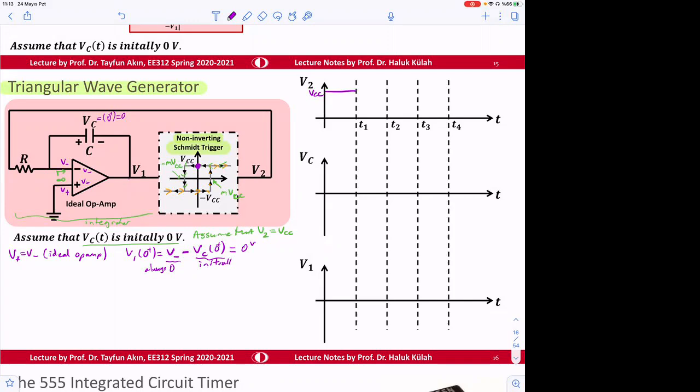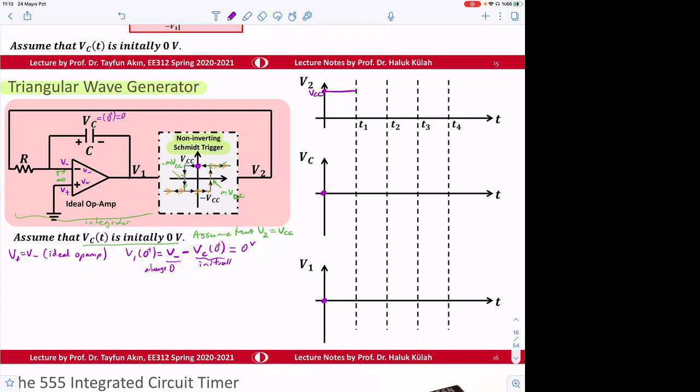So we assume that V out is plus. So the capacitor voltage is initially here, and then V1 is initially 0. That's how we start the analysis.